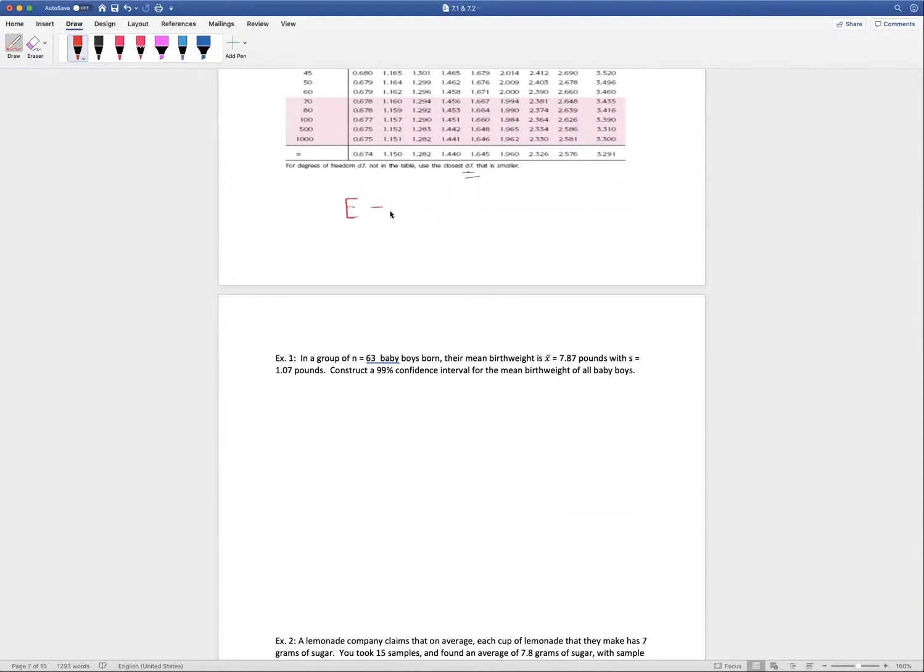Anytime you know the sample standard deviation, to figure out the error involved here, we're going to say that error is equal to t alpha over 2 times s over the square root of n. Anytime we know the population standard deviation, we're going to use the formula sigma over the square root of n. But we're really going to focus on this bit over here because you already know how to use the z table. I showed you how to do that. Now we're going to talk about how to use the t table. So let's take a look at this first example.